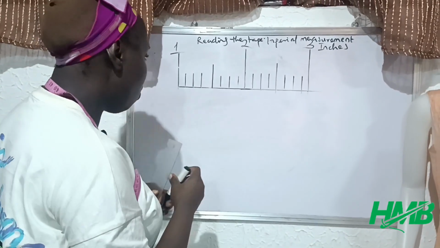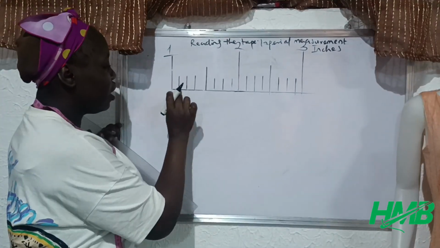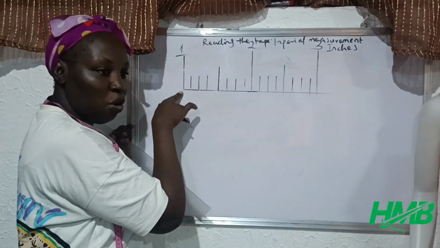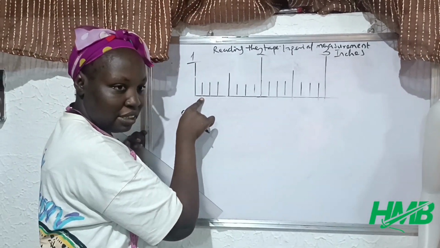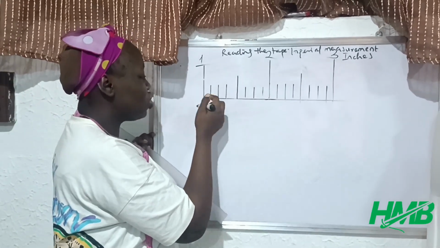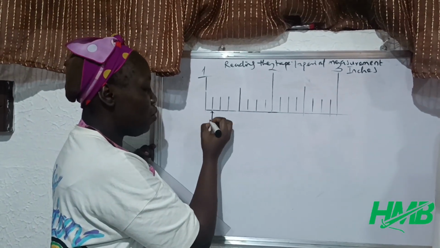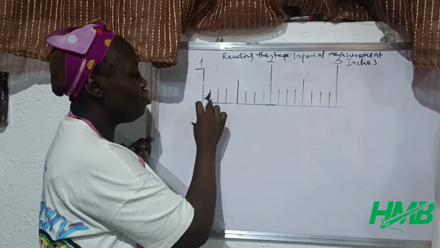Do you understand? So if you want to read the tape now, we are starting with the number 1. Now we have this as a whole number. So if your measurement falls on the first line, that is number 1, right? So it is read as 1 over how many?